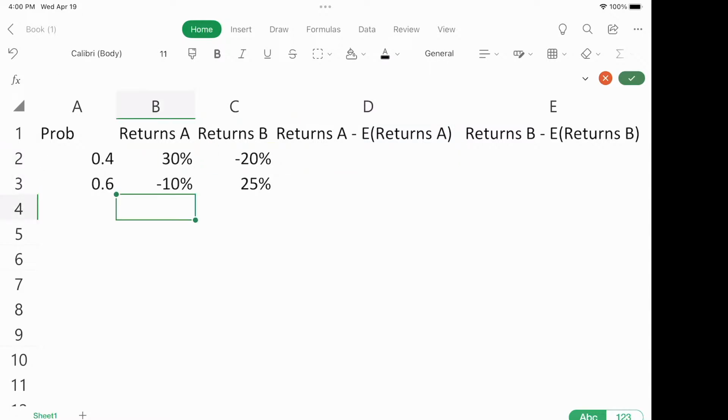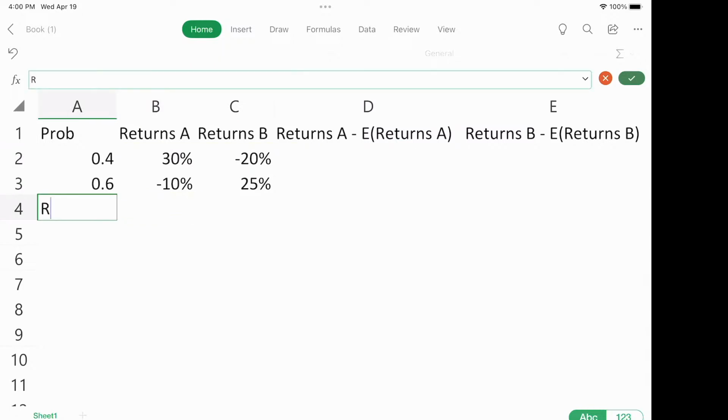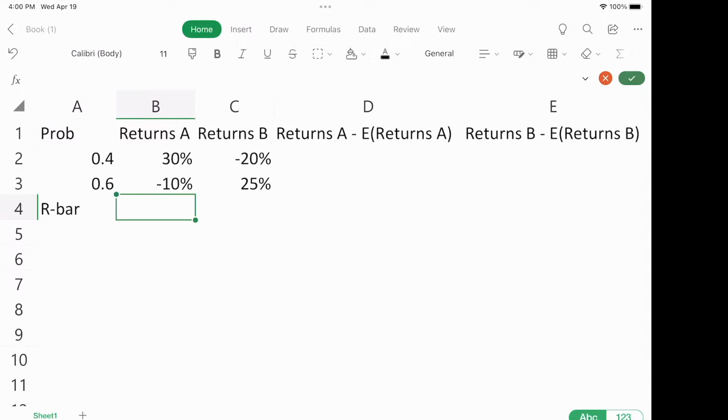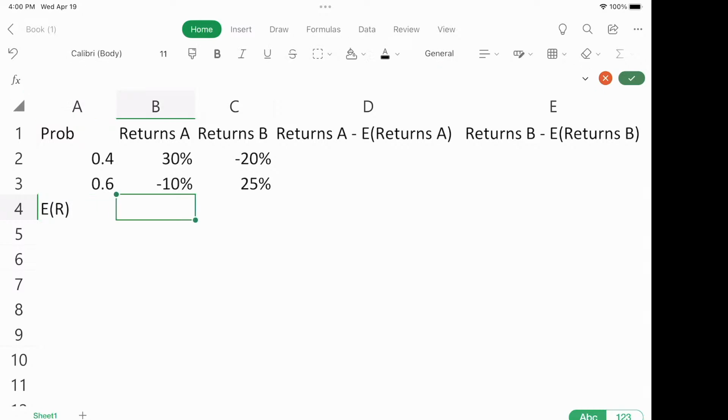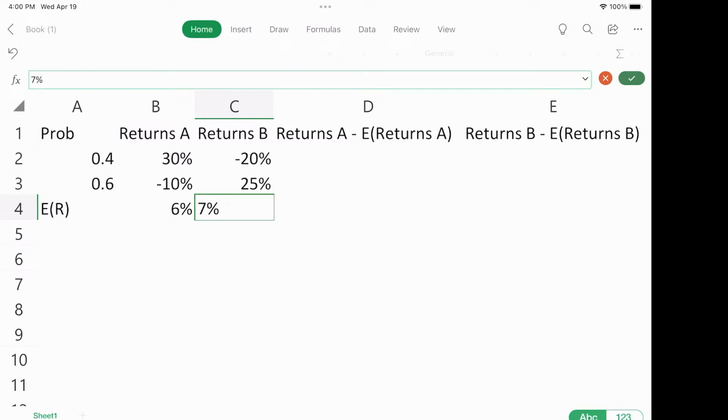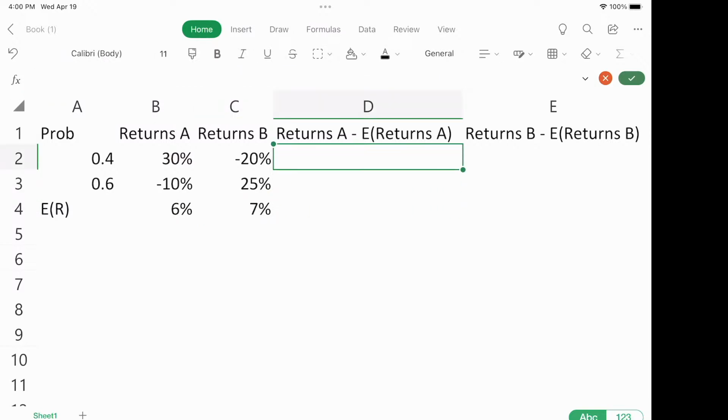The return to A was, these are the averages here. It wasn't R bar, it's E bar. So for A, if you remember, we got an expected return of 6%. And for B, it was an expected return of 7%. So you calculate the deviation from the mean for A, the deviation from the mean for B, and then multiply them and pre-multiply them by the probability.